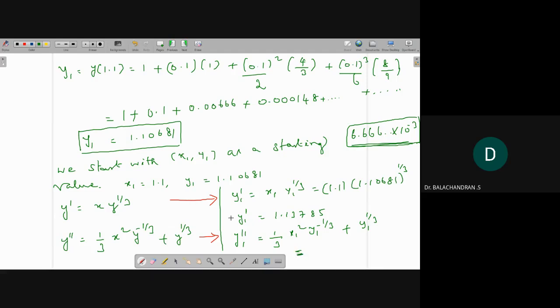Excuse me, sir, can't we calculate by changing the h value to 0.2 instead of differentiating again and again? Yes, h value to 0.2, it's much easier.